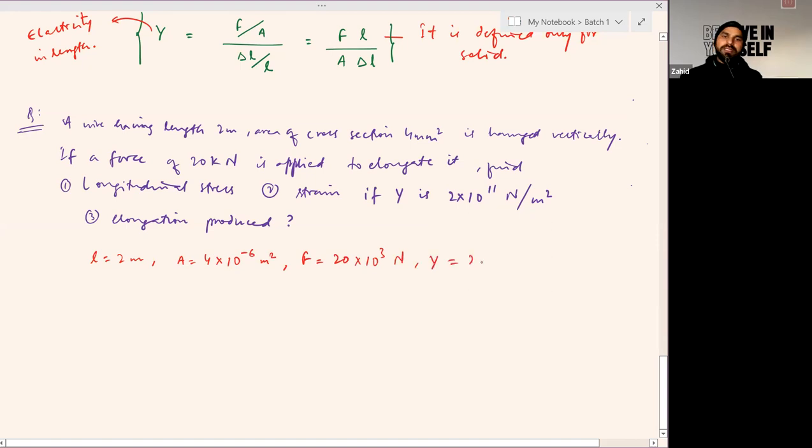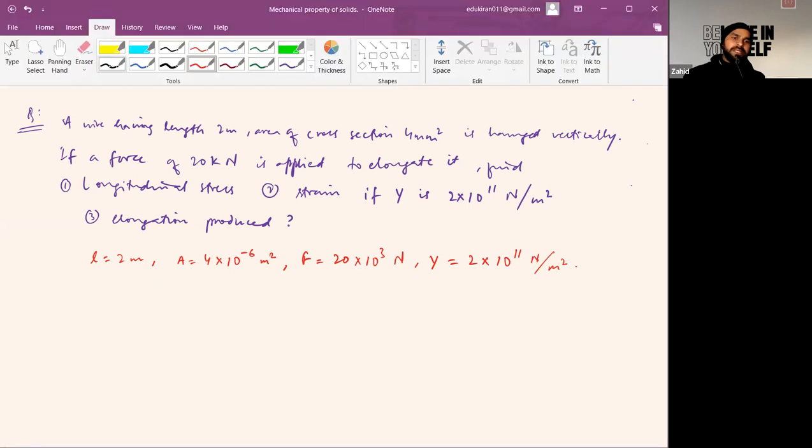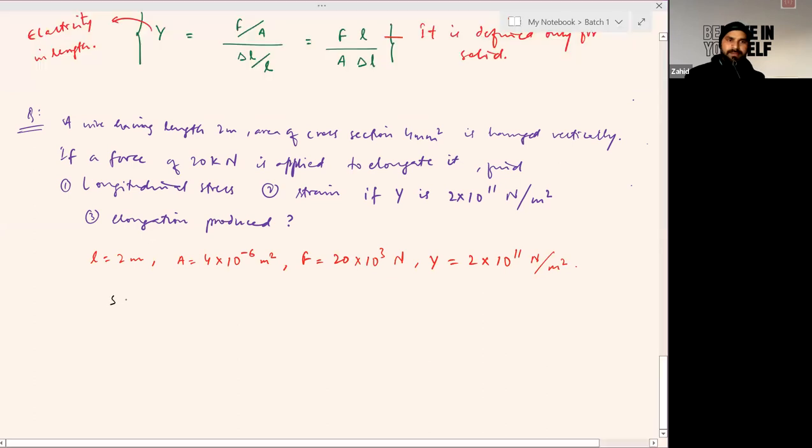Young's modulus is 2 into 10 to the power 11 Newton per meter squared. Now, the first formula is for calculating stress. Stress equals deforming force over area of cross section. Put the values of these two terms and simplify it.